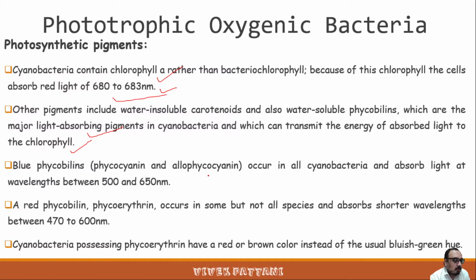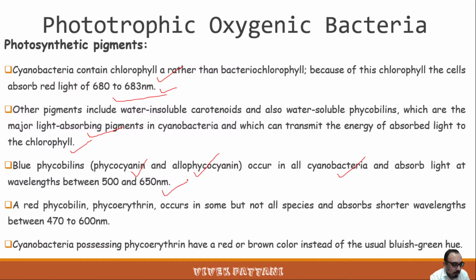There are also bluish phycobilins, known as phycocyanin, which occur in all cyanobacteria and absorb light at a wavelength between 500 to 650 nanometers.